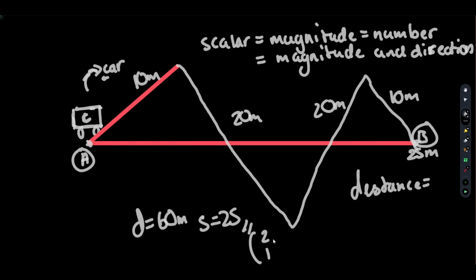It can be 2, 1, whatever it is. So 2 in the x direction and 1 in the y direction. So the vector quantity would be this. And remember there's a difference between scalar and vector quantity, guys. And that's it, guys.